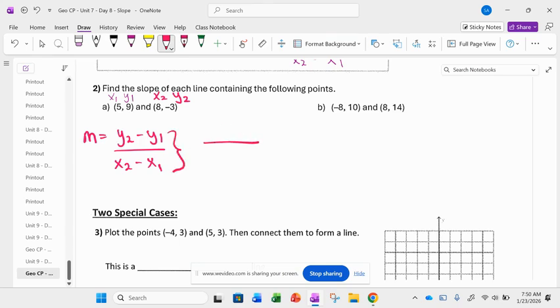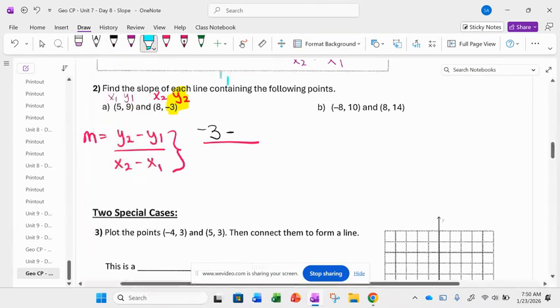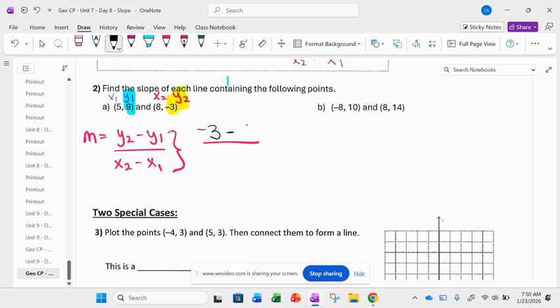What number goes with y1? I'm sorry, y2. What number goes with y2? Stella? Yeah, -3 goes with y2. So this is going to be -3 minus y1. Do we all agree that 9 goes with y1? So it's going to be a -3 minus 9 in our numerator.